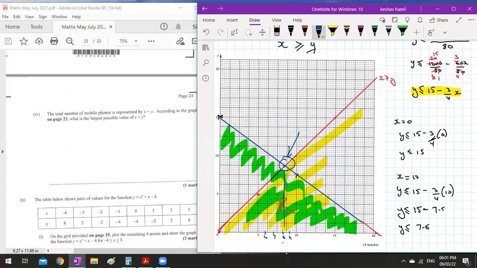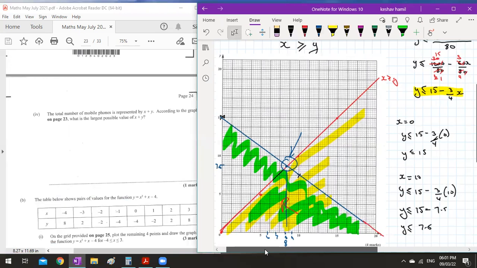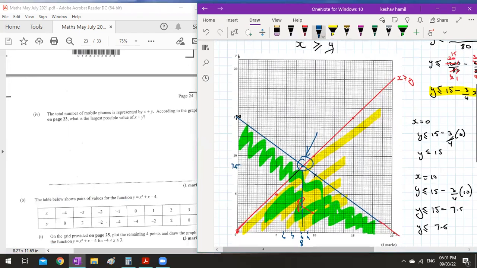Clearly, they come on to the 8 on the X. And on the Y-axis, this looks to be about 7.5. Now you can't have 7.5 of a cell phone, so you have to round it down to 7. You can't round up, it would cross the amount of money you spend, right? So this would be 7.